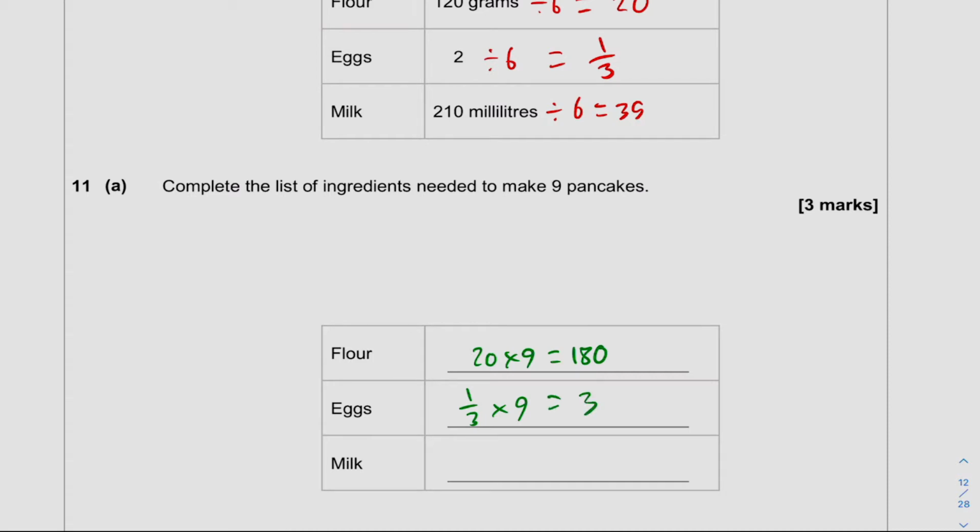So we need 3 eggs. And then for the final column, milk, we do 35 multiplied by 9, which is equal to 315. And it'll be millilitres as well, so it's always good to put the units. So we'll put grams, then we'll just put eggs, then we'll put millilitres as well.